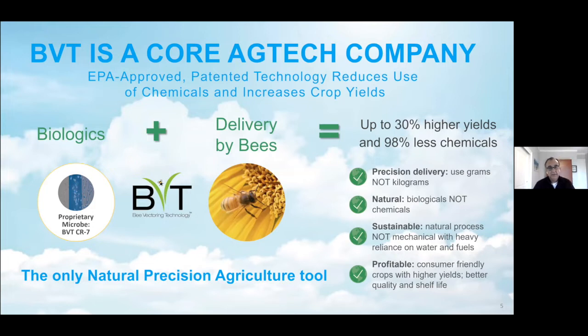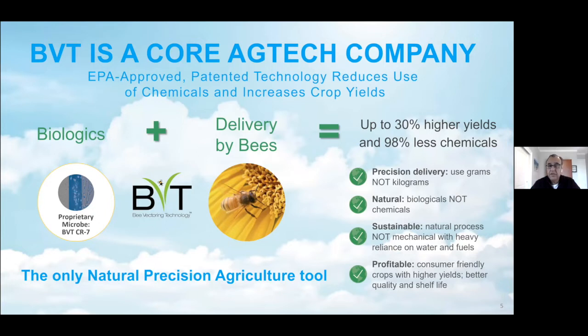BVT is a core ag tech company. We're the only company that has an EPA approved biological control agent on the one side, but also a very unique and natural delivery method whereby we deliver the biological control agent to the flowering crops using an all-natural process, the process being the natural pollination process of bees.